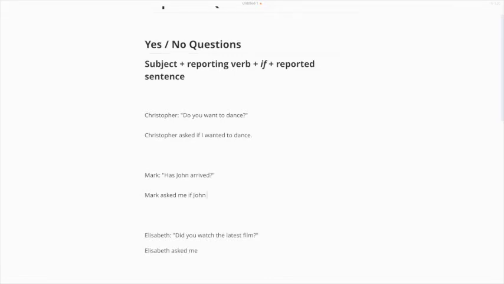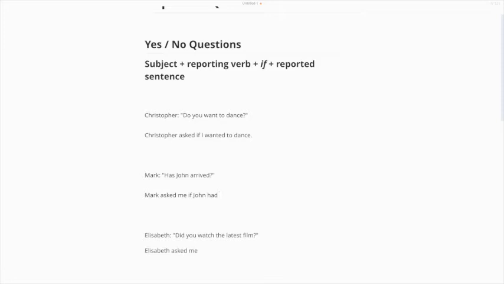Remember, we're not going to start with the auxiliary, but because it's the affirmative word order, we're going to change this has, because has John arrived. It's a present perfect sentence, so we have the subject and after the subject, we're going to use the auxiliary because it's affirmative word order. So Mark asked me if John had, in this case, we're going to do the auxiliary in the past because remember, we always report sentences in the past.